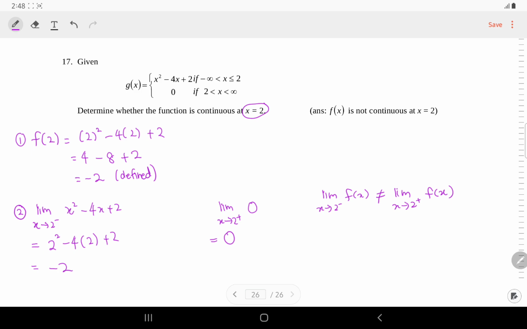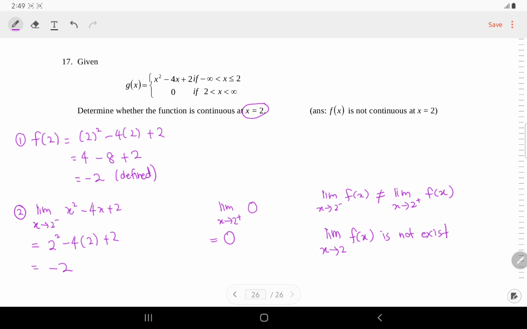So what happens if the left limit and the right limit are not equal? It means that the limit does not exist. So if the limit does not exist, our second condition is not fulfilled. So we don't need to proceed with the third condition.